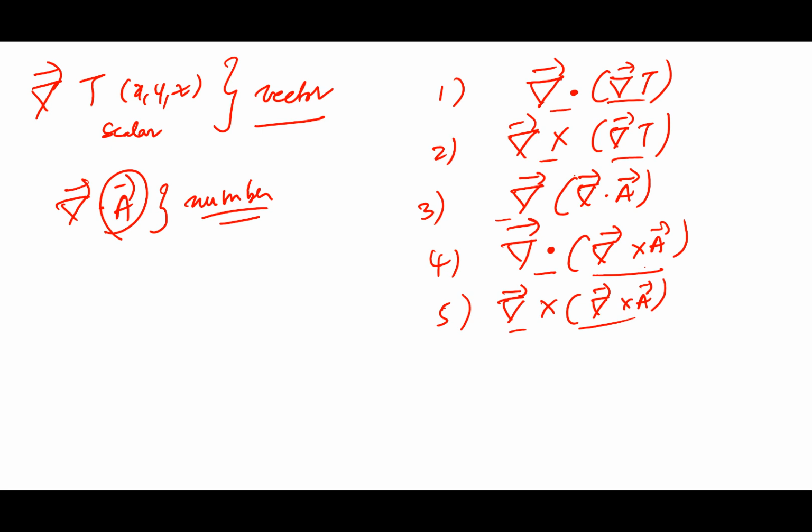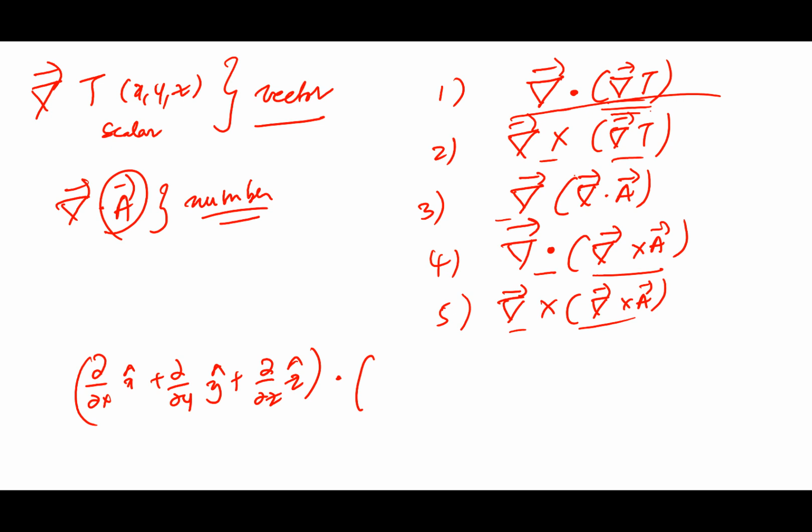So you can prove, for example, the first one. If I take the divergence of gradient T, that is very simple to see. That would be dou by dou x along x plus dou by dou y along y plus dou by dou z along z, dotted with gradient of T.